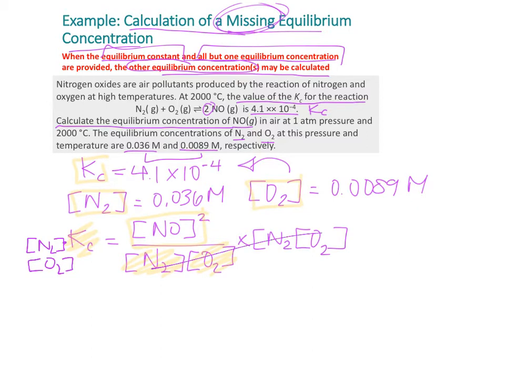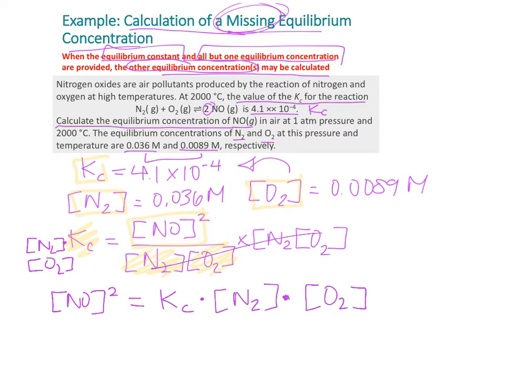What we're left with, and I'm going to flip it just so that we can see it more clearly, is the concentration of NO squared equals Kc times N2 times O2. So we have this so far, and it's looking good.